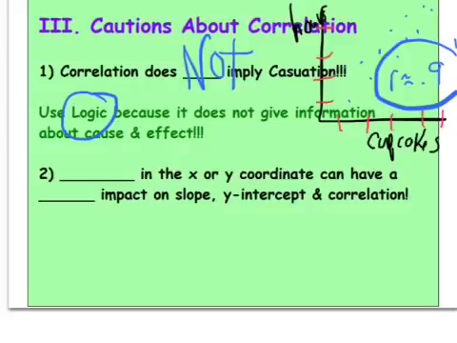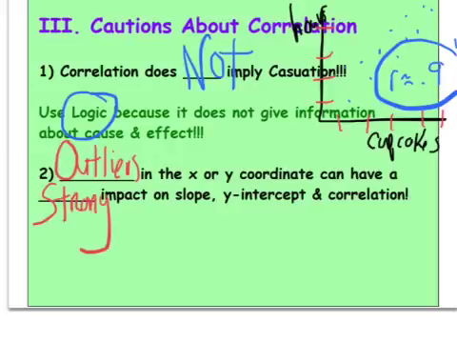The second thing to be very cautious about with correlation is that outliers in your data have a very strong impact on the slope, the y-intercept, and the correlation.